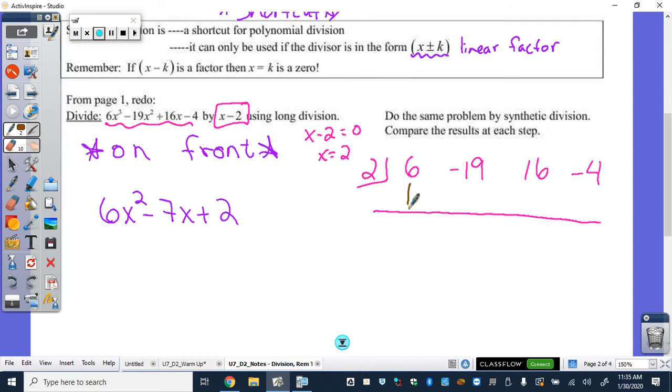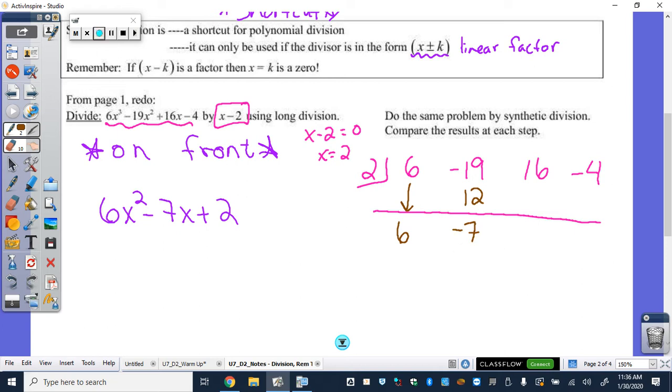So our first term always just gets brought down. So our 6 is going to get brought down in this one. So now what we do is we're going to do 6 times the 2. That gives me a 12. And that goes under my next number. And now we add. So negative 19 plus 12 gives me negative 7. And then we repeat that.